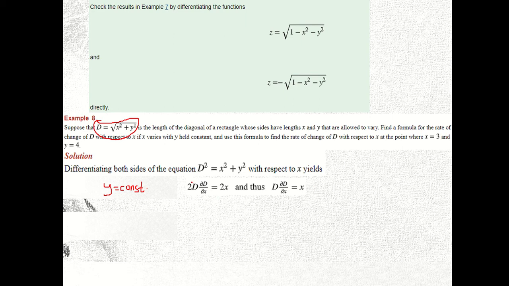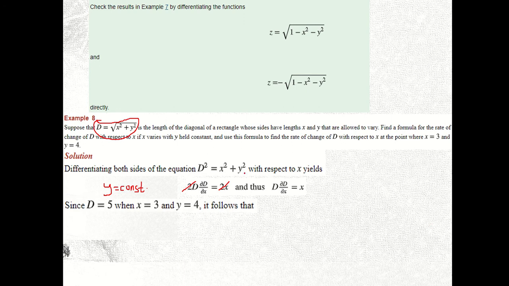We just divide both sides by 2, so 2 divided by 2 equals 1. So what is left is d times the partial derivative of d with respect to x equals x.